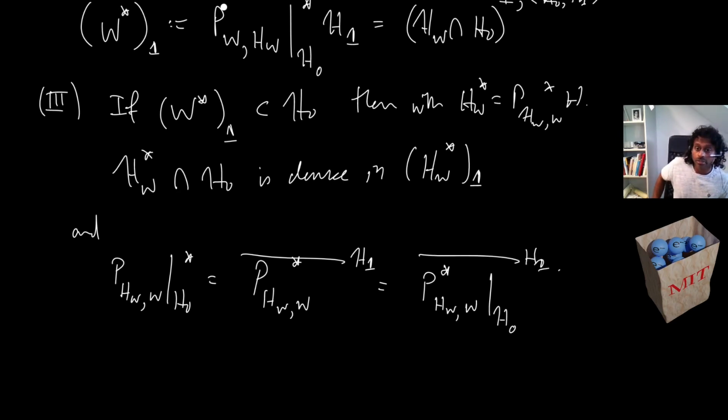This is where I use the condition of density. So of course it follows that if H_W star intersect H naught is dense, then all of these things follow.